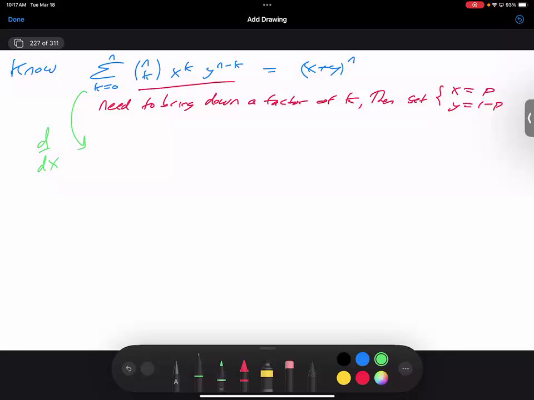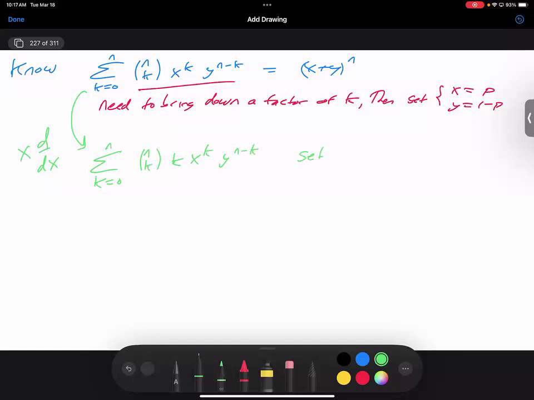What power do we want it to be? So after we differentiate with respect to x, what should we do? How can we bump up the power by 1? Multiply by x. So we apply the operator x d by dx. And when we do that, we'll now get the sum, k goes from 0 to n, of n choose k, k x to the k, y to the n minus k.